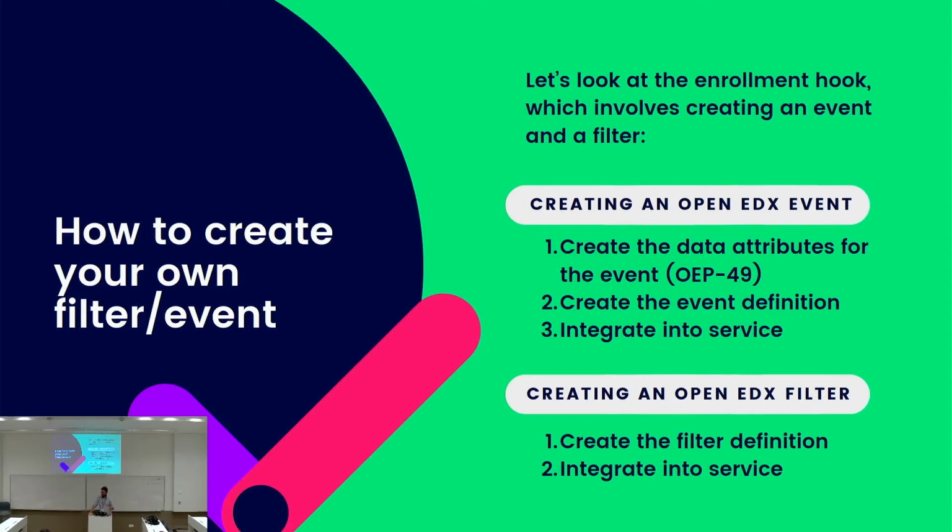We made some that are good enough for the filters or events that are present in the platform, but I need to create a promise of what I can show about the objects that are being manipulated, such as the course enrollment. Say I want to publish the course ID and the course name and whatnot, the mode I'm enrolling to. Then you would need to go and create the event definition.